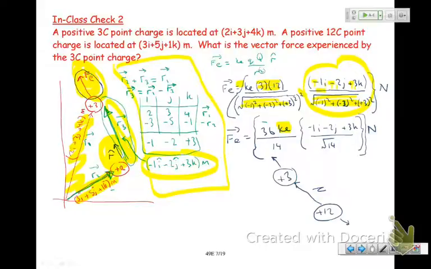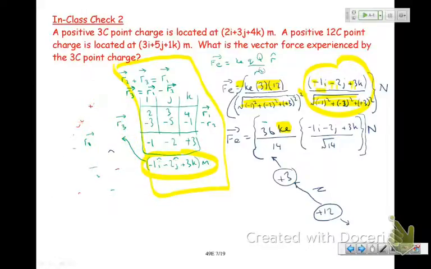Alright, I think I have a better way to explain my question. Right now, if my left hand is the positive 3 charge, and my right hand is the positive 12 charge, then the force acting on this hand is going to be going this way, with a unit vector going that way.